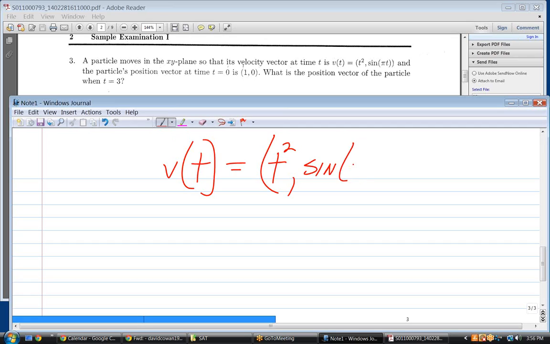We haven't worked with velocity vectors, I don't think. This looks like a polar coordinate. Let me think about this for a moment. The only function I know that looks like that is a polar function, right?